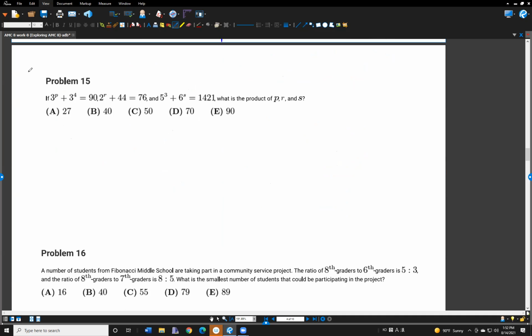This is not very familiar to you, but these are exponent numbers. That's nothing, okay? What is the product of P, R, S? You're gonna find what P times R times S is. The first case is what? 3P plus 3 to the 4 equals 90.